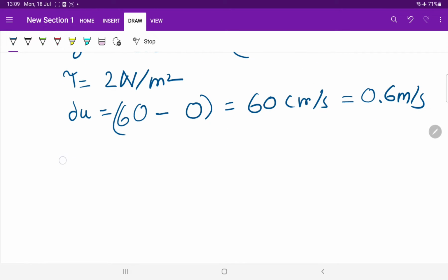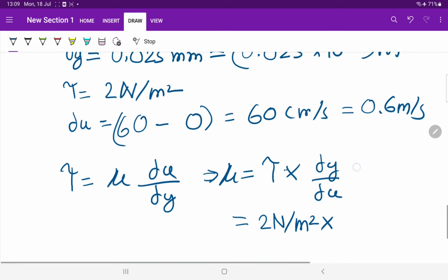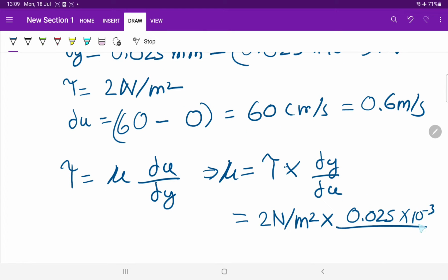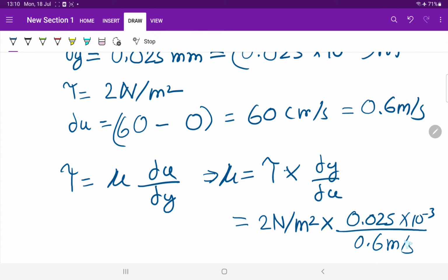So using the relation, tau equals mu into du by dy, mu equals tau into dy by du. So tau we know, 2 Newton per meter square, into dy, which is 0.025 into 10 to the power minus 3 meter, divided by du, 0.6 meter per second.